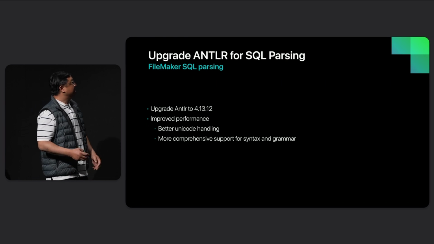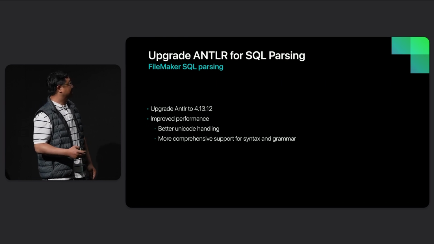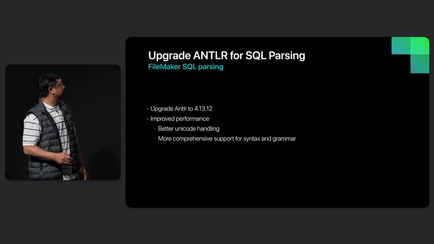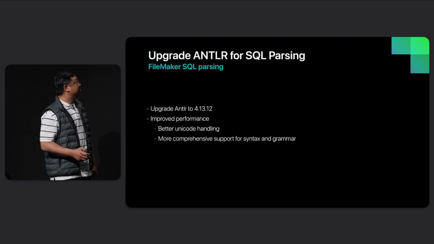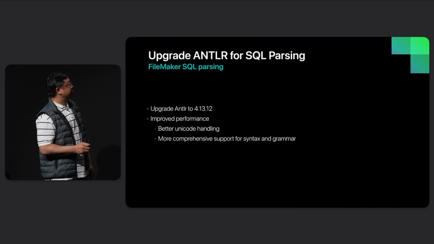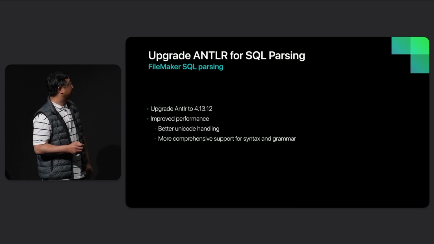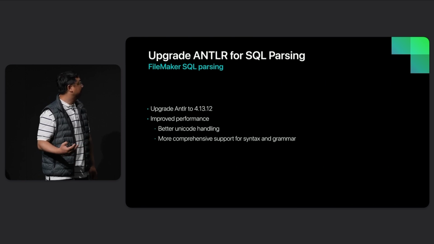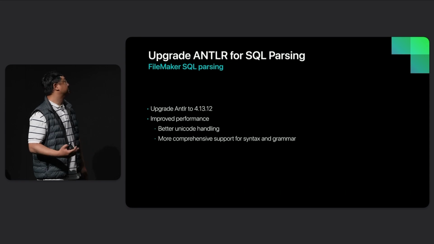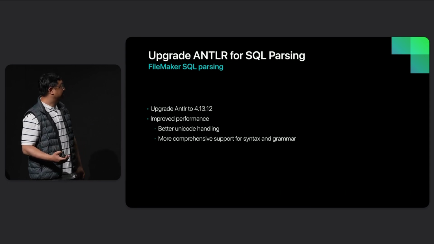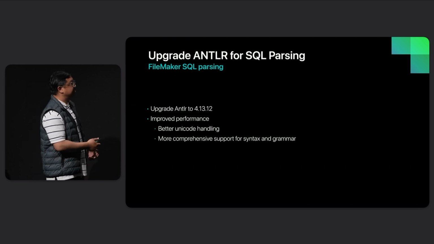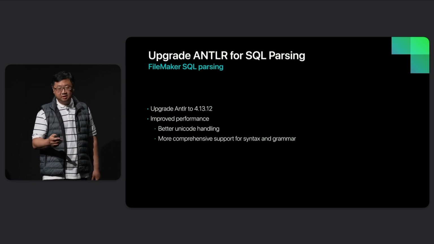The Antlr was outdated in the previous releases, so we upgraded to version 4.13.2 in release 2025. This version has improved performance, better Unicode handling, and more comprehensive support for syntax and grammars.